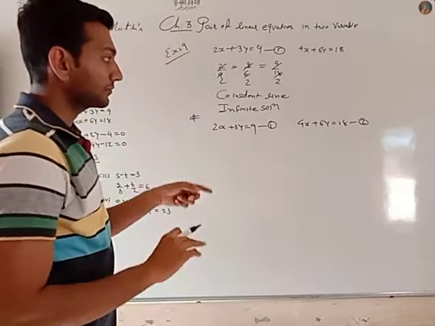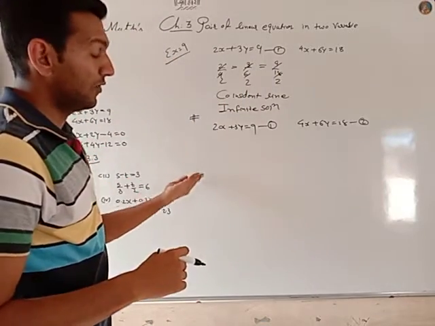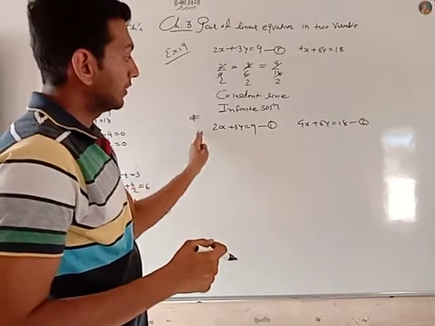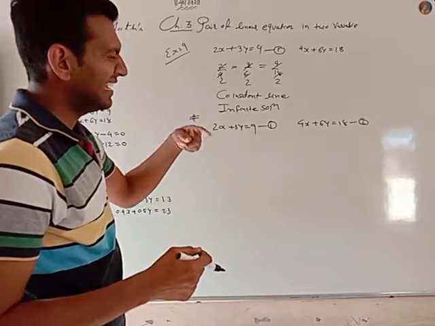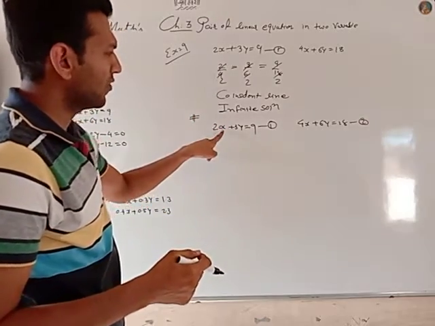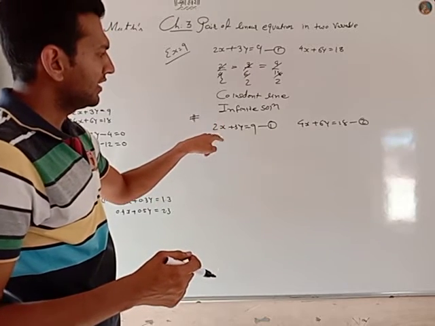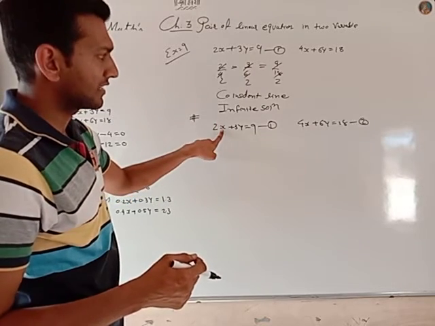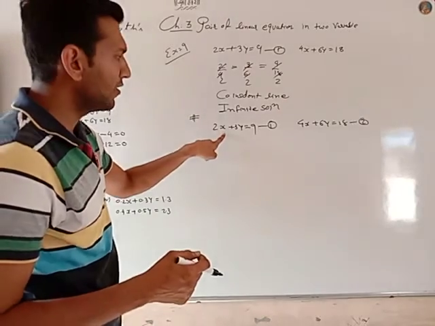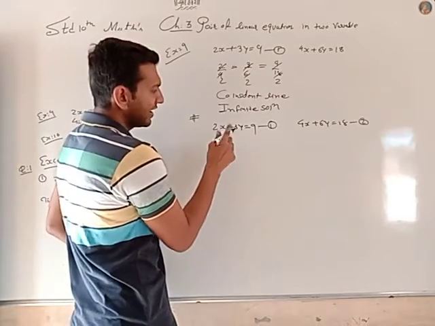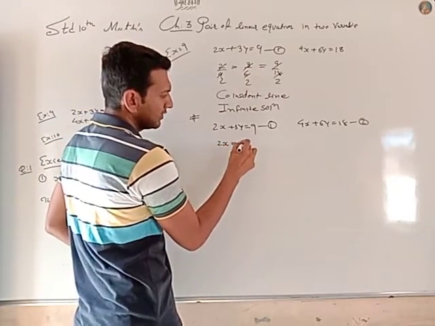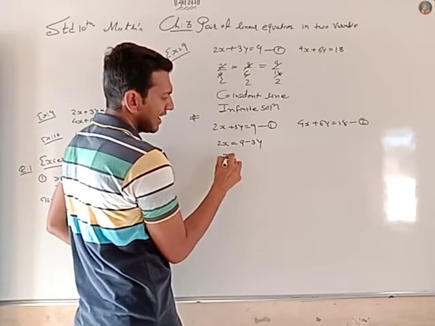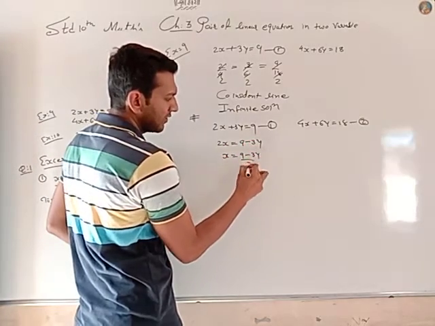Find the value of any variable. Here the easiest is this x. So I find the value of x: 2x is equal to 9 minus 3y, x is equal to 9 minus 3y by 2.